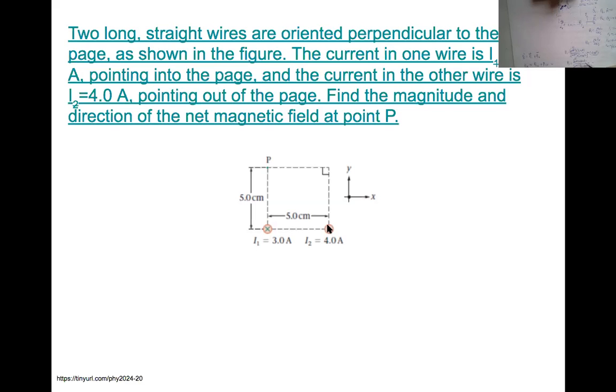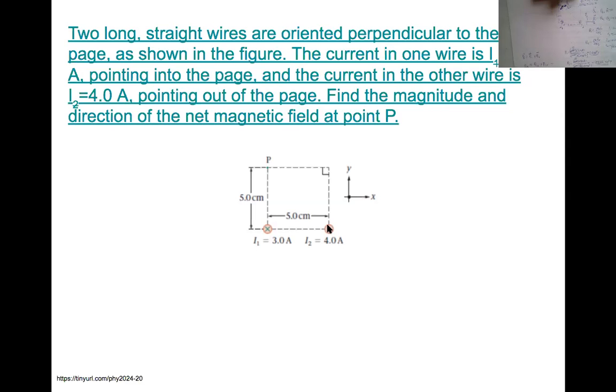So this will be 4 over 5, which gives you 0.8 times square root of 2, times 10 to the negative 5 Tesla. So that's that one. You can further calculate 0.8 times square root 2, it would be something like 1.1 point something, close to 1.2, but I'll just leave it like that.